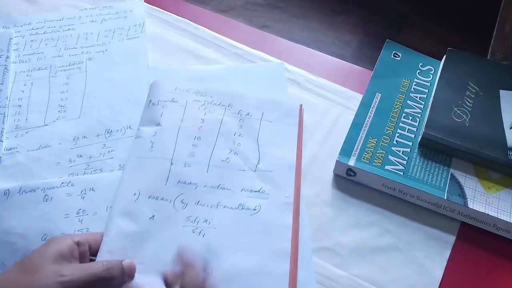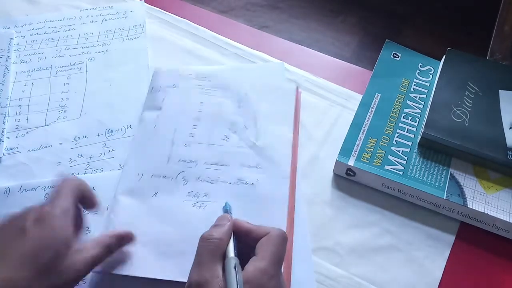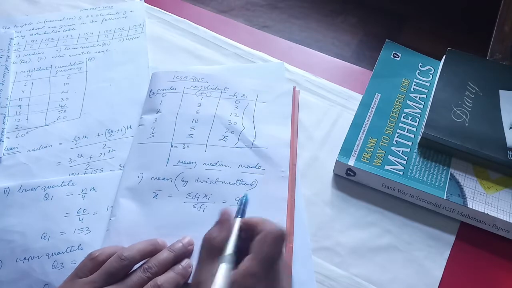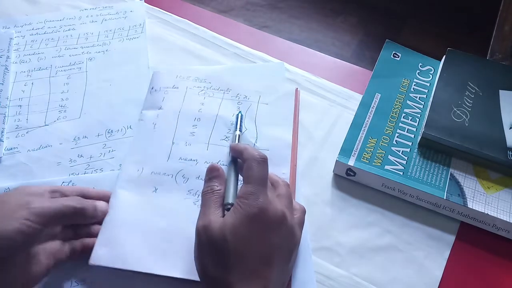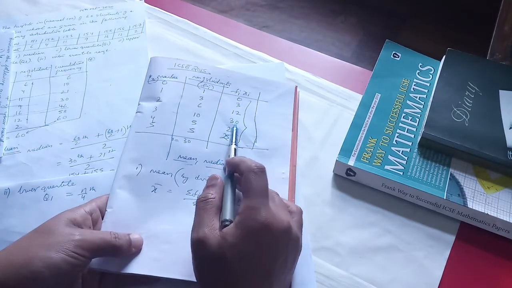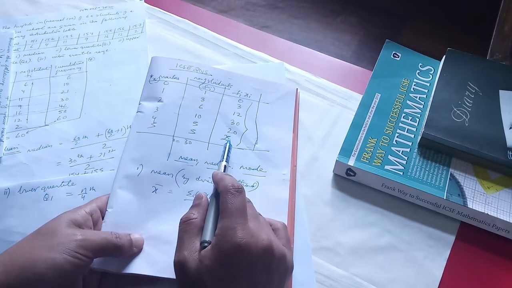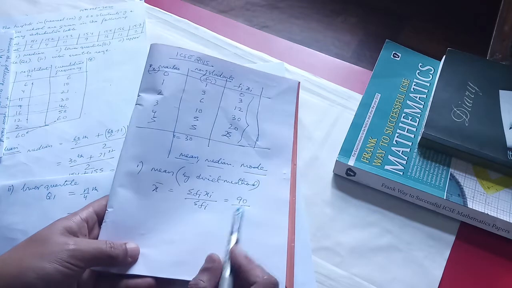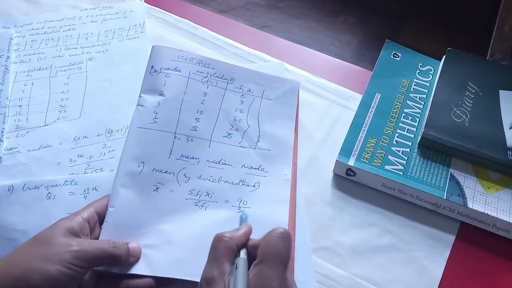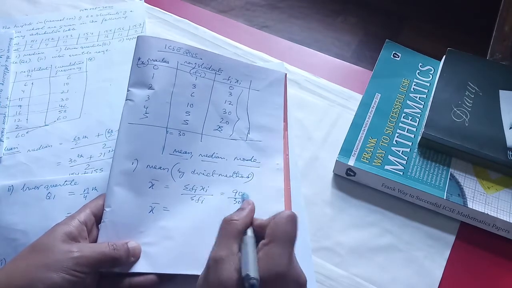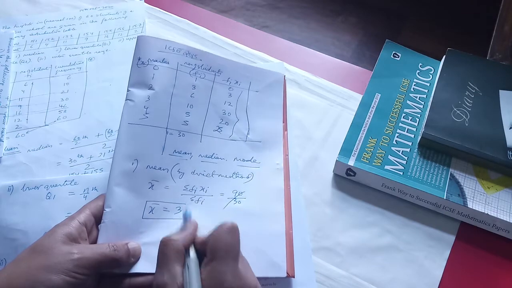So what is the summation Fi Xi you got here? You have to add this. If you add all this, I think you will get around 90. 45 plus 25 is 70, 75 plus 20 is 90, summation Fi is 30. So mean is 3.